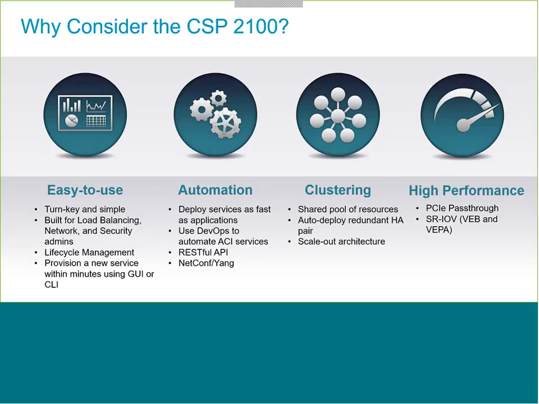Anytime folks start talking about NFV, performance always comes up, and we've handled that through these Intel capabilities of PCI passthrough and SR-IOV, so we're able to bypass OVS and the hypervisor layer. We do support OVS today, so there are services out there that do not support SR-IOV, so we do support those as well.